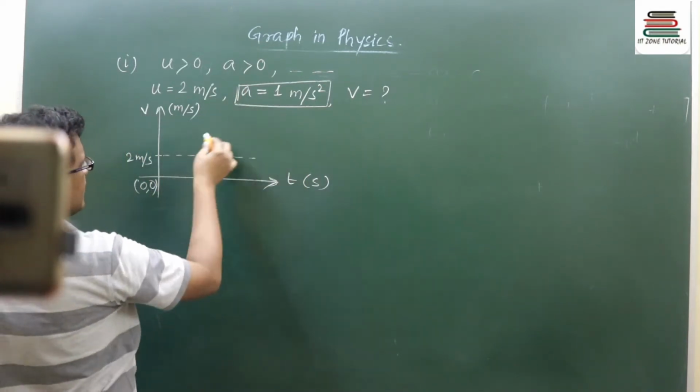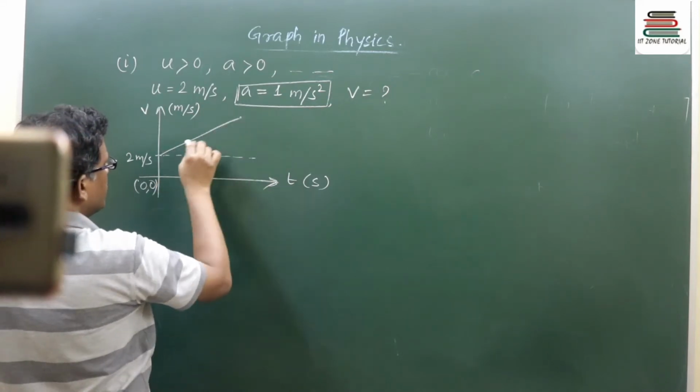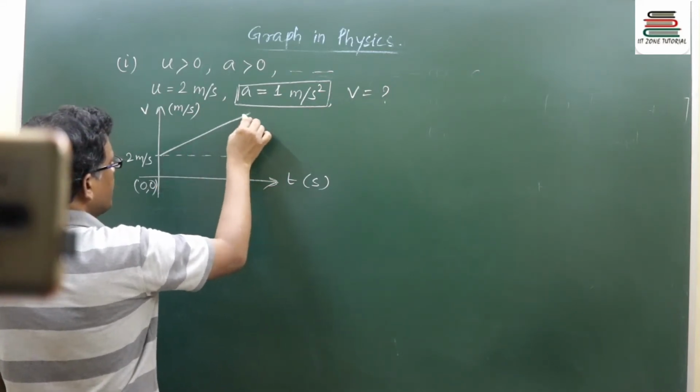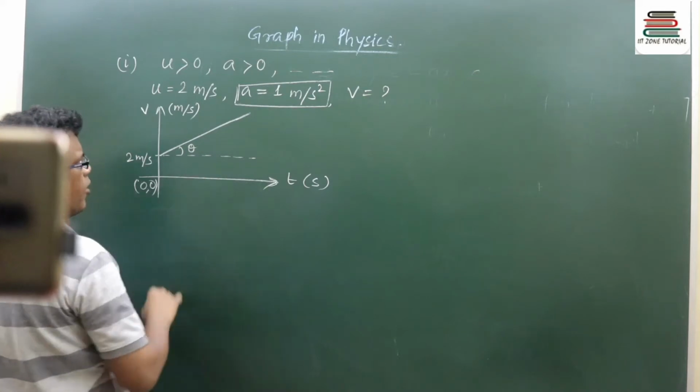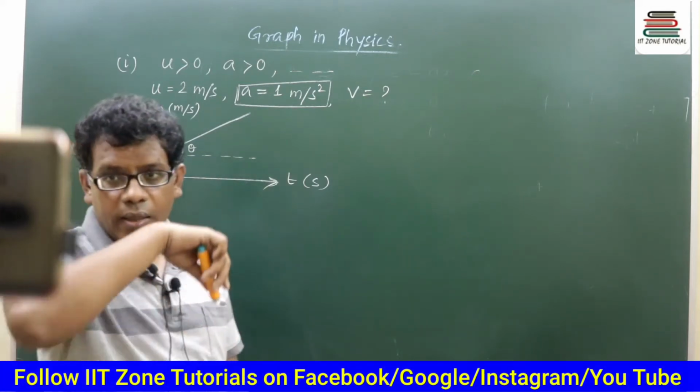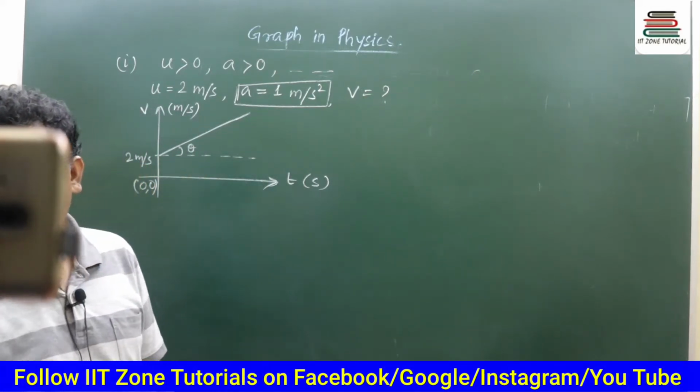So acceleration positive means the slope must be positive, because with trigonometry you must know that tan theta can only be positive when theta is an acute angle.